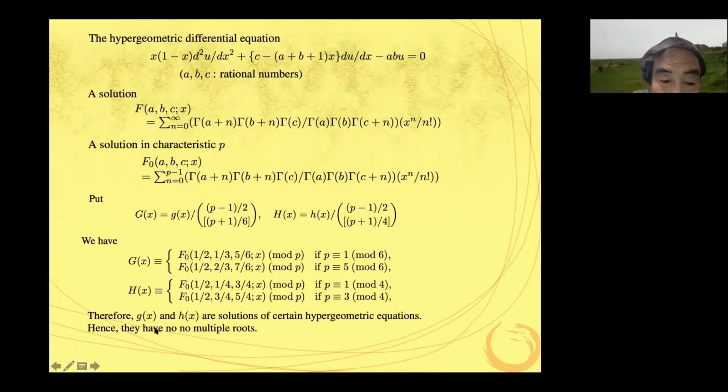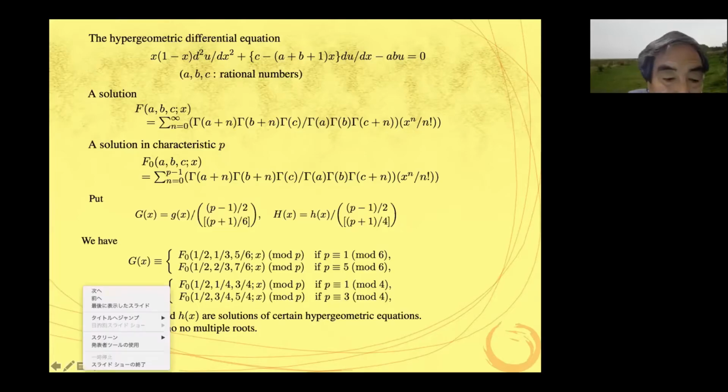And using this, we can show this G and H have no multiple roots. So we can count the number of superspecial curves in these cases. This is a method given by Igusa long ago to calculate supersingular elliptic curves, but such a technique works also for the genus 2 case, in this case.